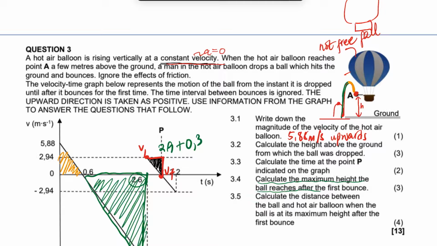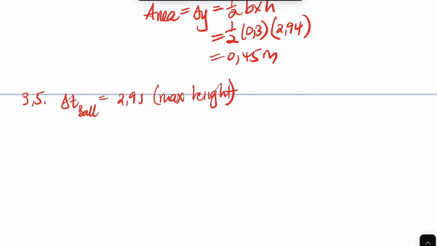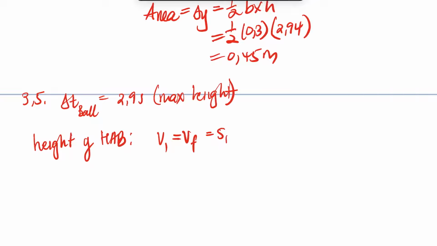So the time it took for the hot air balloon from there to there is 2.9 as well. So we can calculate the height of the hot air balloon from where it started after 2.9 seconds. One thing about the hot air balloon is that its initial velocity is equal to the final velocity, because it's moving at constant velocity.